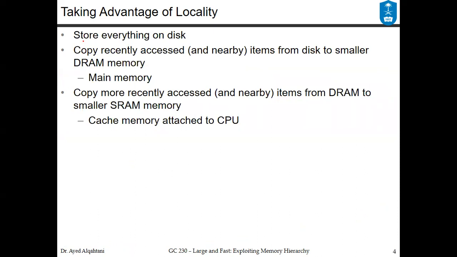So we usually store everything on a disk and copy the recently accessed and nearby items from the disk to smaller DRAM memory, or what we call the main memory, and then copy again the more recently accessed and nearby items from the DRAM to a smaller SRAM memory, and from there we copy it to the cache memory, or sometimes we use the SRAM technology to build cache memories.